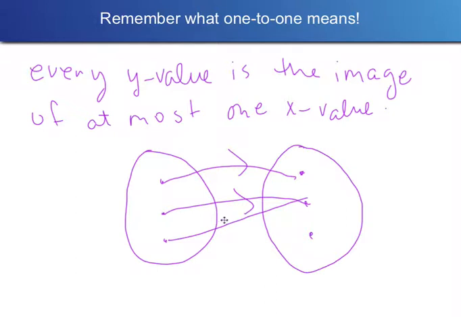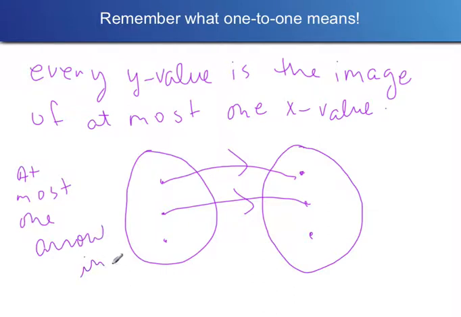This would not be. At most one arrow in. This is going to become important as we discuss inverse functions.